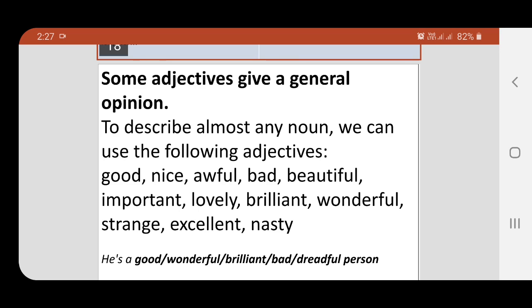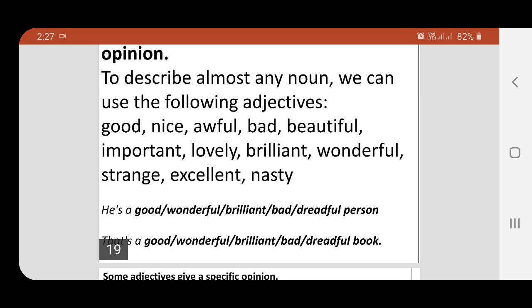The adjective describes any noun, and we can use the following adjectives, which give you a general opinion: good, nice, awful, bad, beautiful, important, lovely, brilliant, wonderful, strange, excellent, nasty. So these are some of the adjectives which give you a general opinion.